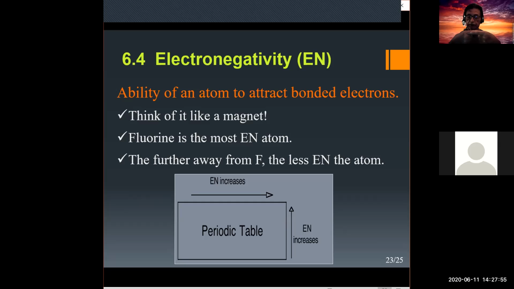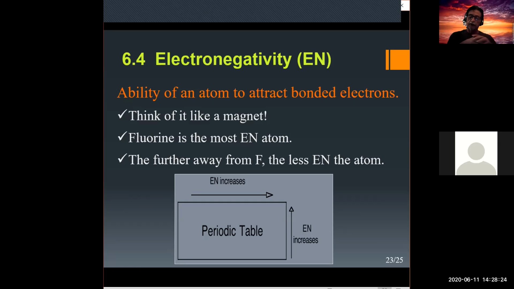These electrons are being shared between two different elements, and they're going to be shared either equally, or one of them is going to pull the electron density further to itself. This is what electronegativity is a measure of: the affinity, or the ability, to pull the electrons onto itself.